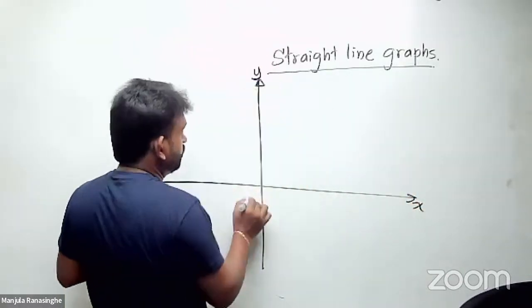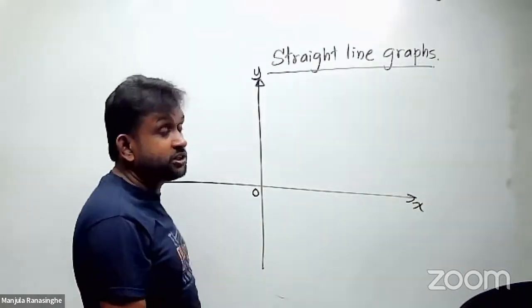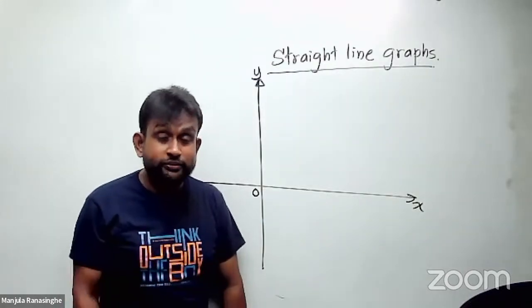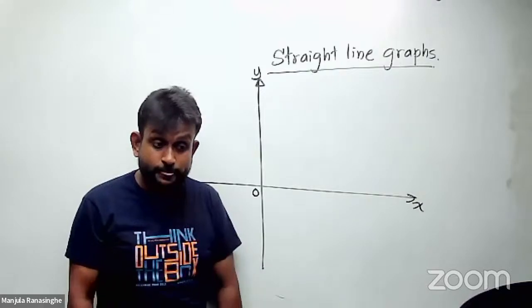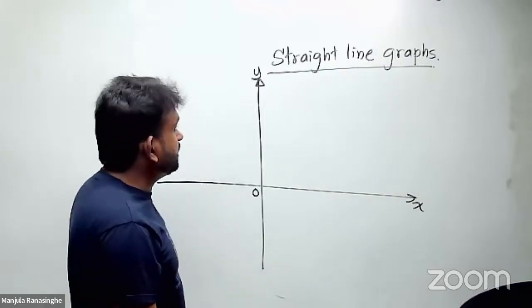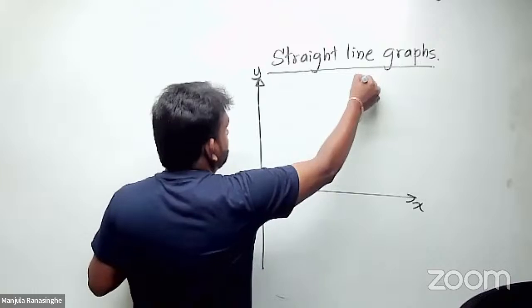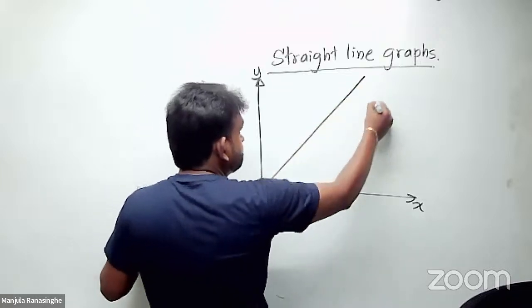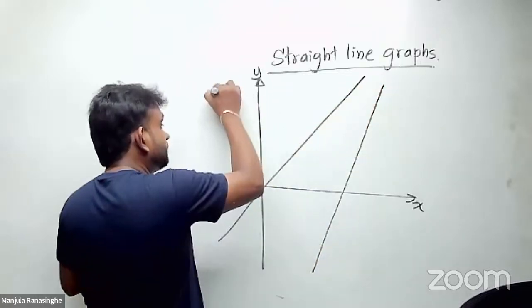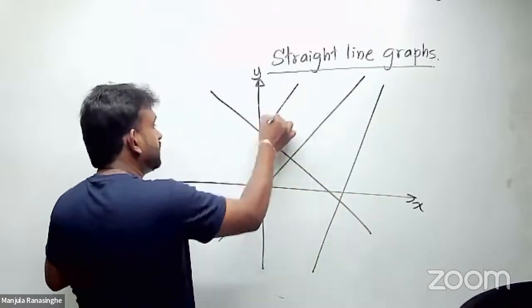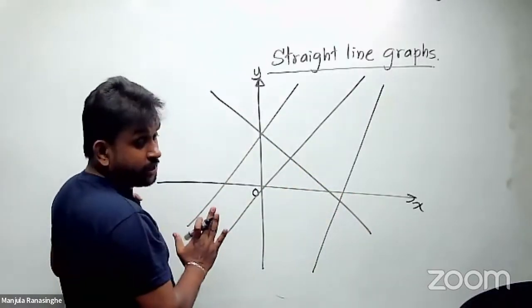This is called the origin where these two axes meet each other, the coordinate 0, 0. So a straight line means this type of graph, passing through here. This is a straight line graph.